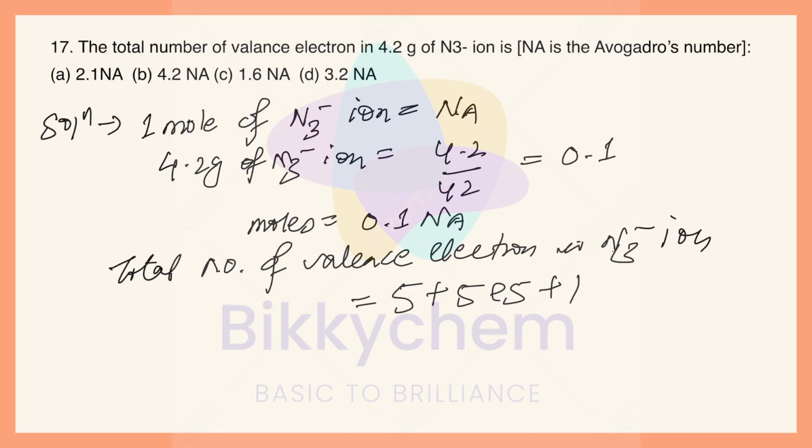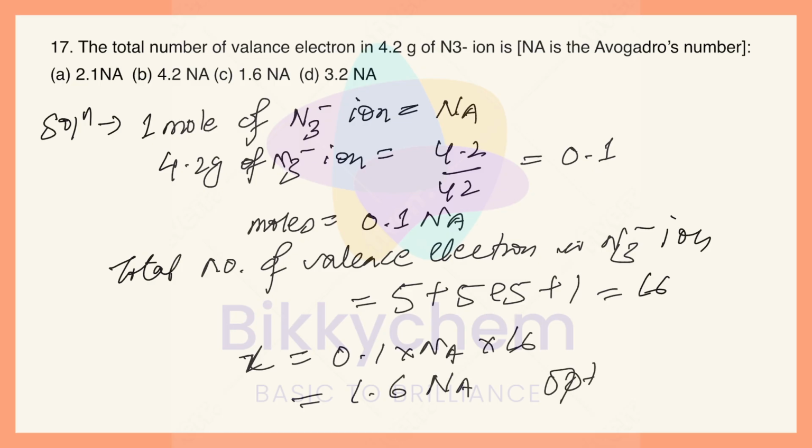You know that 5 is the outermost electron count in the case of N, so there are 3 N, so 3 into 5, and because it is N3 minus, plus 1 will be there, which is equal to 16 valence electrons. So the total number of valence electrons in 4.2 gram equals 0.1 into Na into 16, which is equal to 1.6 Na. So option C.